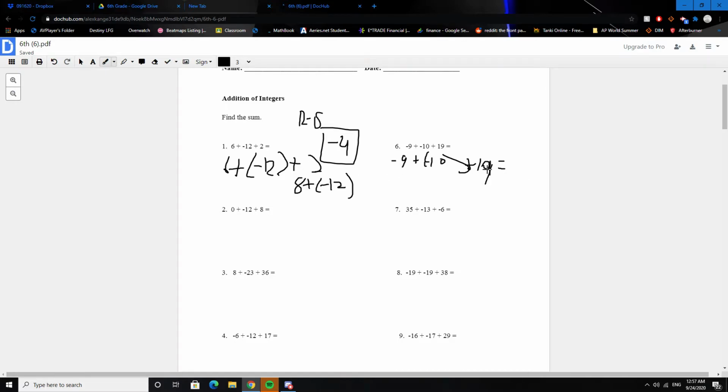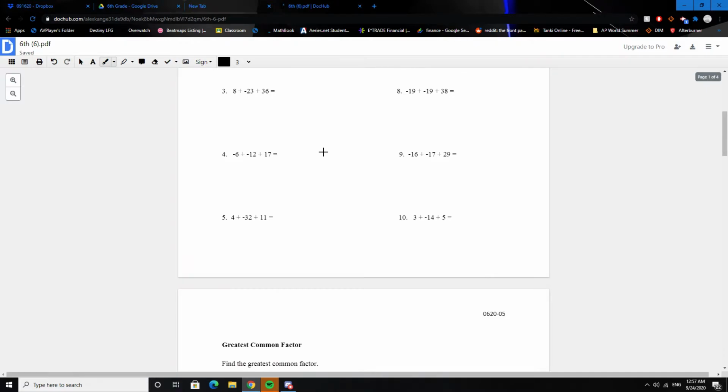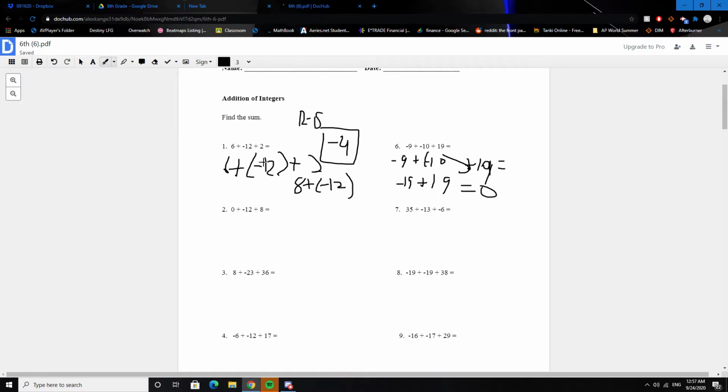The question says negative 9 plus negative 10, so it's negative 19. You add that to 19, these two will just cancel out, so it will just be 0. That's pretty much it for addition of integers. It's a pretty simple concept. You want to just make sure you separate the numbers by their positive and negative, not by the difference of signs directly.